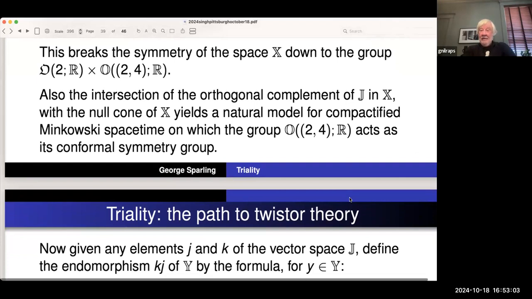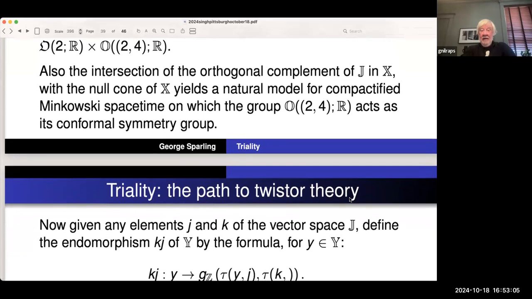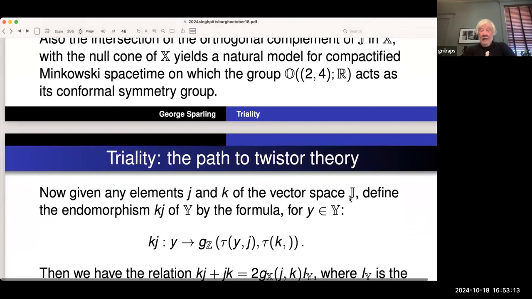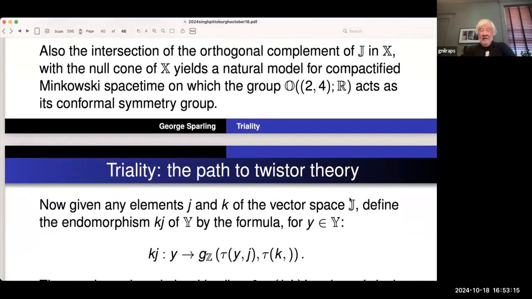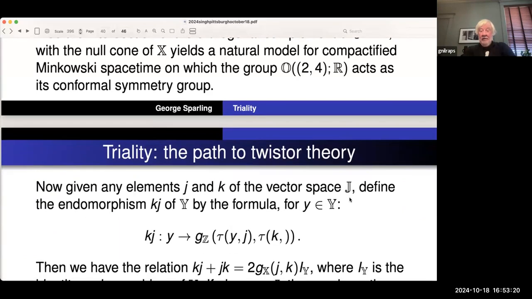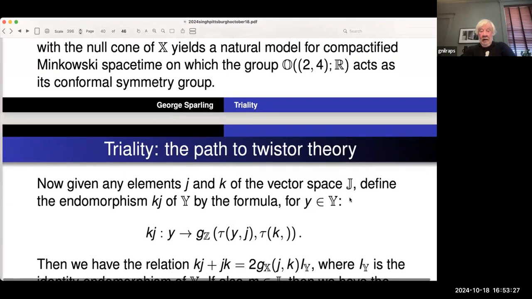Okay, but now we've got the other two spaces to worry about. And so what you do with those is you pick any two elements of the space J in the space X and take their product. If you fix one element, you can use the triality to map you, using that element, from, say, the Y space to the Z space.